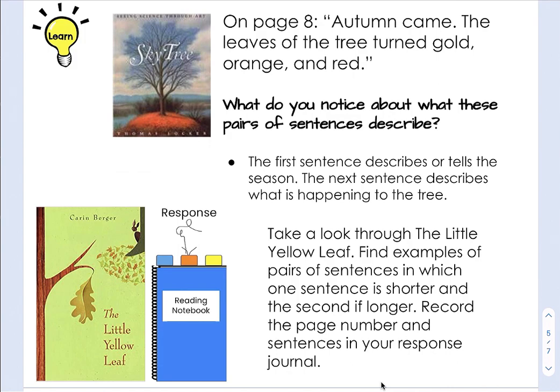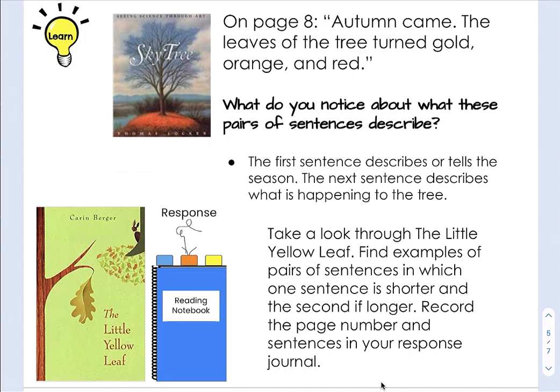Now it's your turn to find some sentences like this. So looking for that short sentence followed by a longer sentence, or a longer sentence followed by a shorter sentence. But this time, you're going to look in The Little Yellow Leaf. So find your Little Yellow Leaf book and take out your reading notebook, open to your response section. You are going to look through The Little Yellow Leaf, find examples of pairs of sentences in which one sentence is shorter and the second is longer.